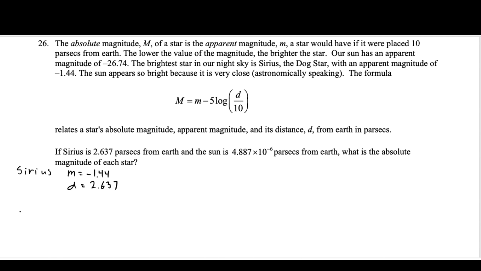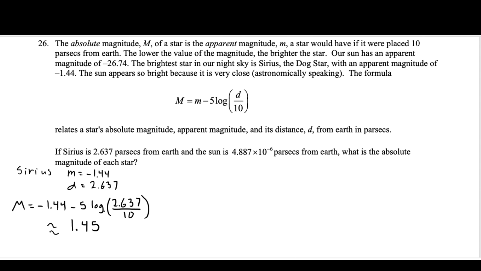So the absolute magnitude, M, is equal to negative 1.44 minus 5 times log of 2.637 divided by 10, which is approximately equal to 1.45.